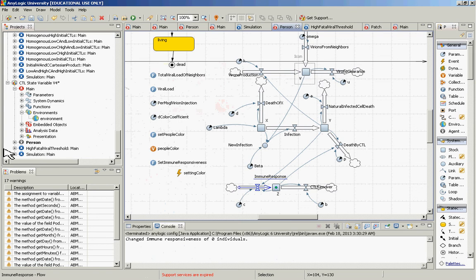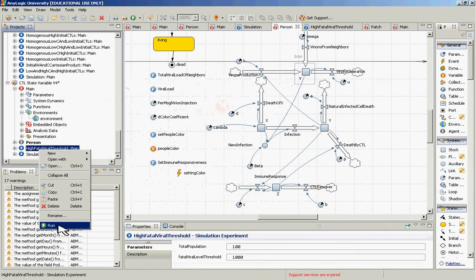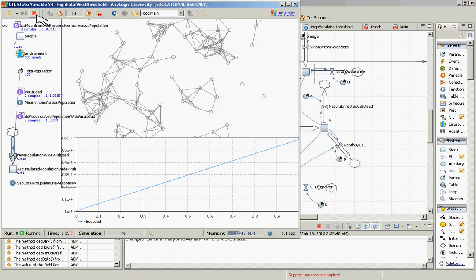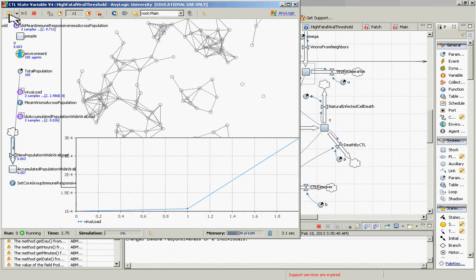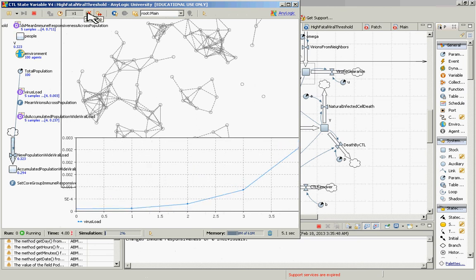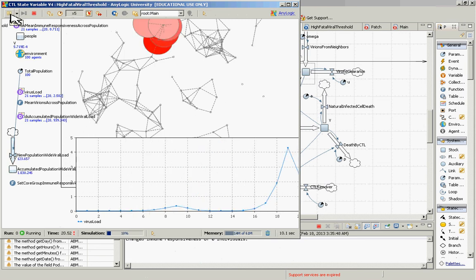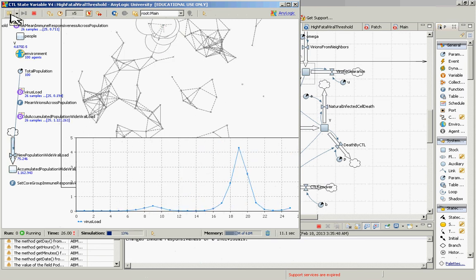But while we run it, and I should have shown this earlier, you'll find that through AnyLogic's interface, you can actually drill down to the levels of particular individuals. So if we run this out just a little bit here, and Andre showed this earlier, but I'll see if it could be further illustrated here.